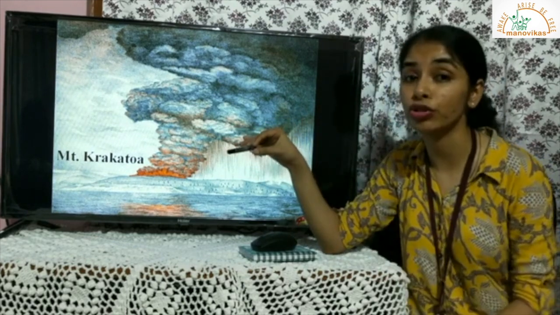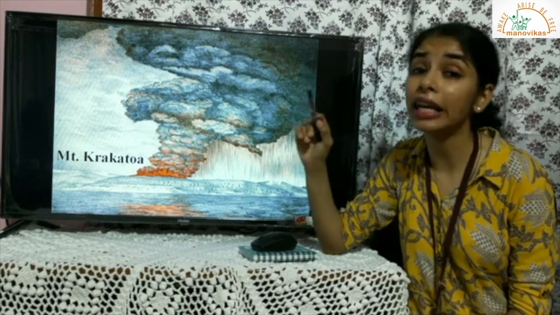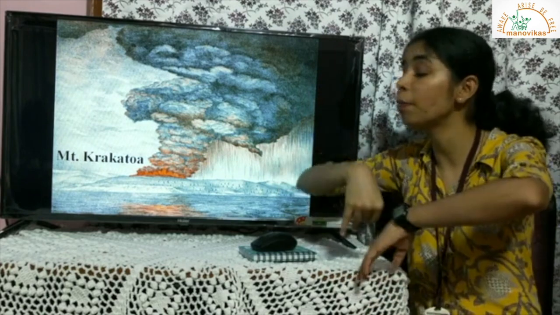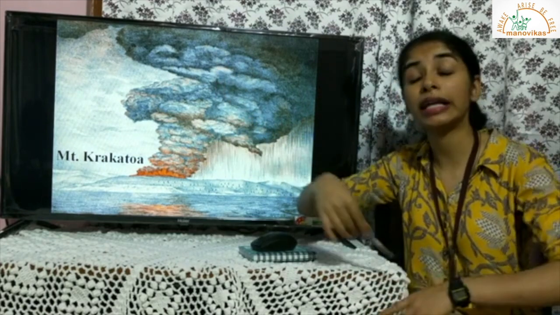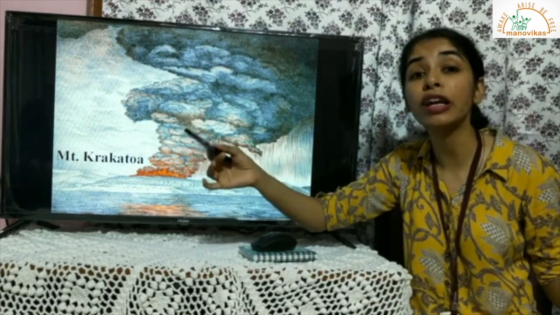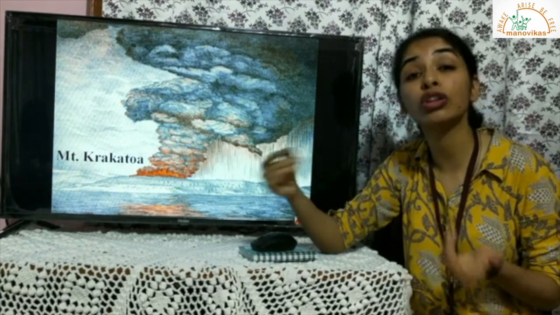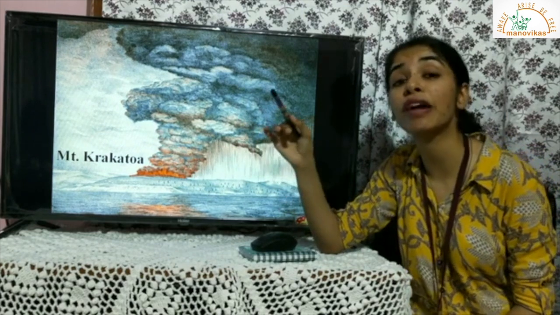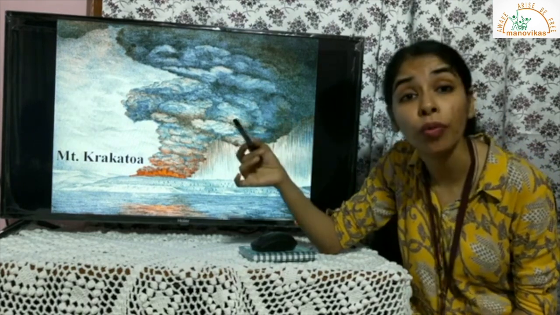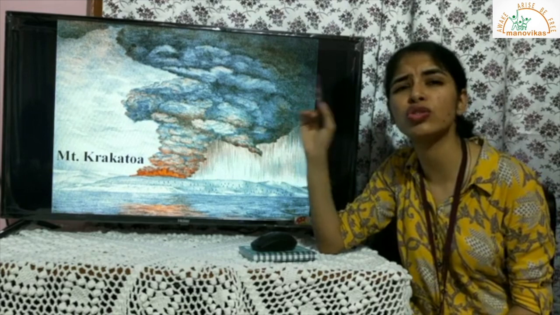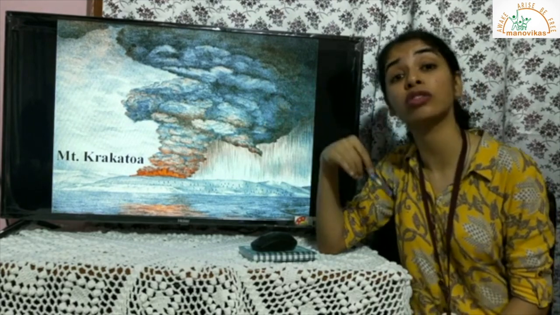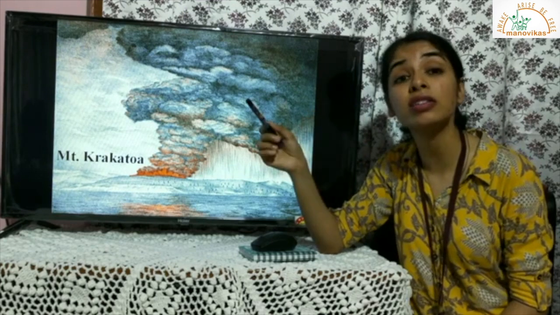In August 1883, there was such a violent eruption that the entire mountain and island were blown away, which triggered earthquakes and tsunamis that led to the death of about 35,000 people and more. The eruption was so violent and catastrophic that the sound was heard even in Australia and as far as India.